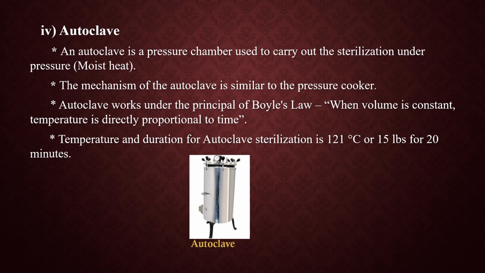When volume is constant, temperature is directly proportional to pressure. Temperature and duration for autoclave sterilization is 121 degrees Celsius or 15 lbs for 20 minutes. Sterilization by autoclaving kills the microorganisms by coagulation of proteins. This is the picture of laboratory autoclave.